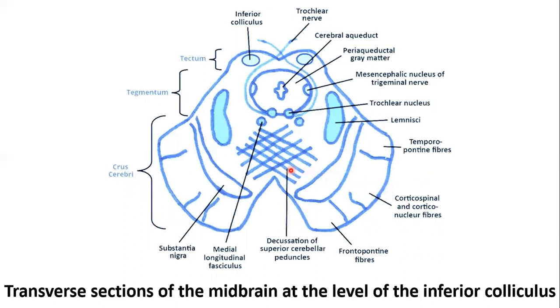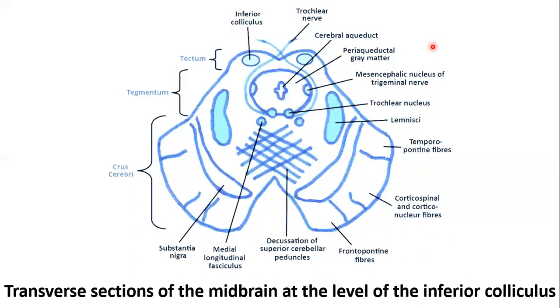You see this cross section. It's very simple to draw and memorize, and we will do it under various headings. There is a cavity at both levels, the inferior colliculus, and then the other section, the superior colliculus, and the cavity is the same, the cerebral aqueduct.